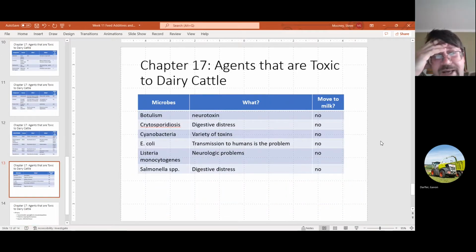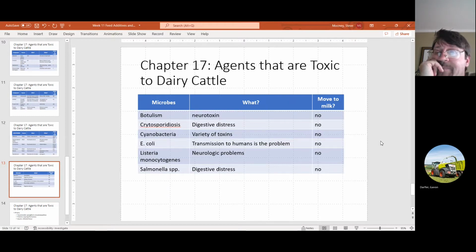So microbes that are toxic, so botulism, a neurotoxin, does it move to the milk? I don't think the animals live long enough to produce milk. If it is true botulism, very little is needed to get the job done. And then you've got the standard digestive upsets that you'll find.